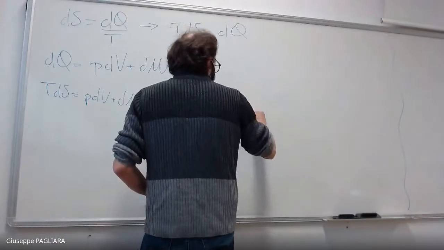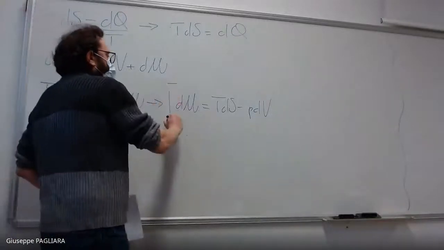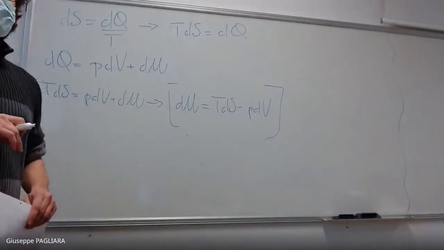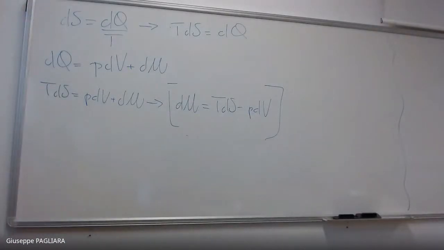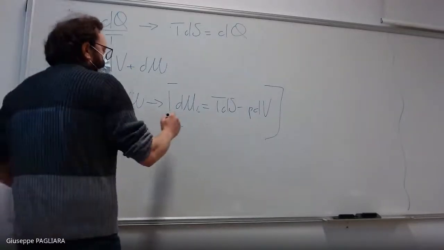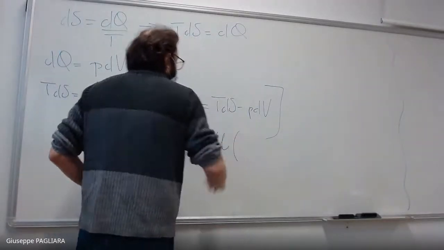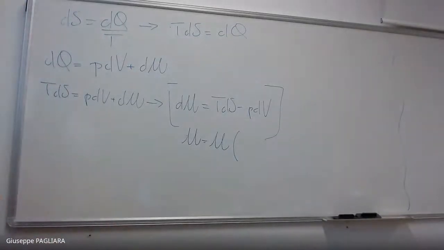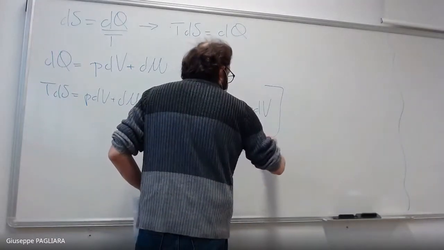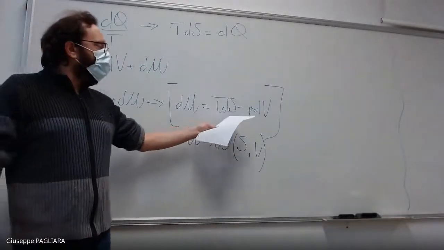As you see from this equation, this is a total differential of a quantity which is a state variable, and therefore this is an exact differential. That means that U, the internal energy, can be thought about as a function of two variables, which are S, the entropy, and the volume. So dU is equal to TdS minus PdV.